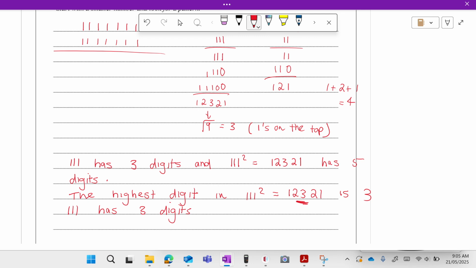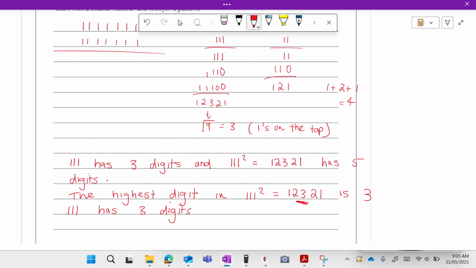We've said that 11 squared was 121, and Josh and Alex have both told me that in 11 squared we had the number 2 as the biggest number, which was also the number of digits in 11.